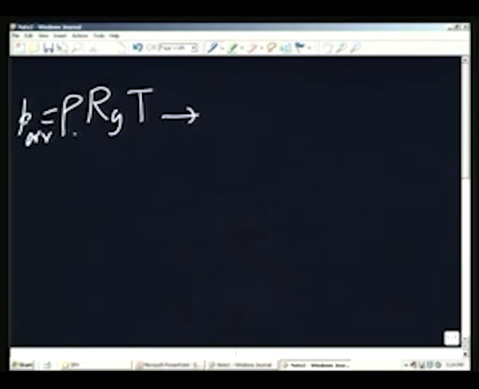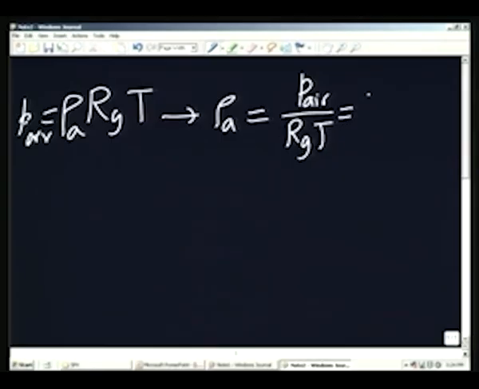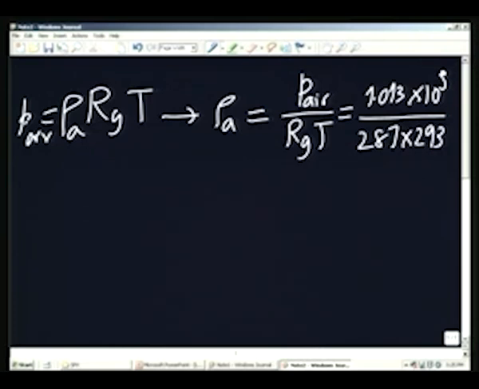From this I can calculate rho of air, or the fluid in which the measurement is being made, equal to P by R G times T, which is 1.013 multiplied by 10 to the power of 5 divided by 287, that is R G, multiplied by 293. This comes out to, the density comes out to 1.205 kg per cubic meter.